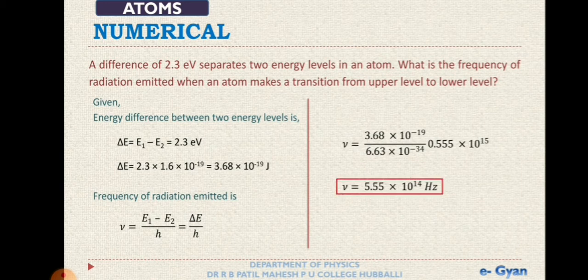Thus, the frequency of the radiation emitted when an atom makes a transition from upper level to lower level, which have the energy difference of 2.3 electron volts, is 5.55 into 10 to the power of 14 Hertz. Let's move to the next one.